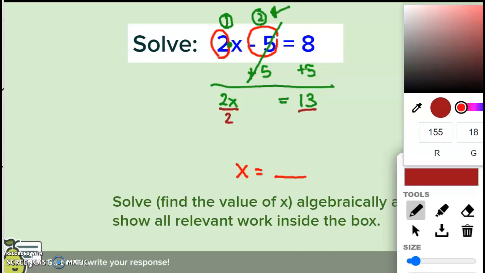So you divide both sides by 2, then that becomes my giant 1, and it goes away to 1x equal to 13 divided by 2. 13 cannot be divided evenly by 2, so it's a decimal or fraction, 6.5. So x is 6.5, or if you want to represent it as a fraction, you can represent it as 13 over 2, or 6.5.